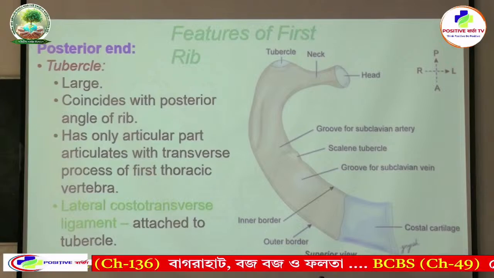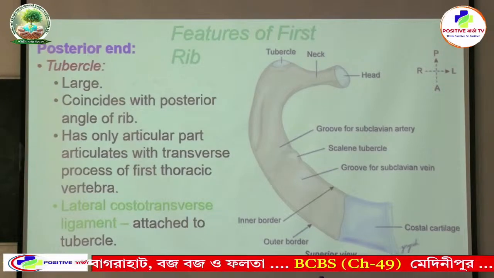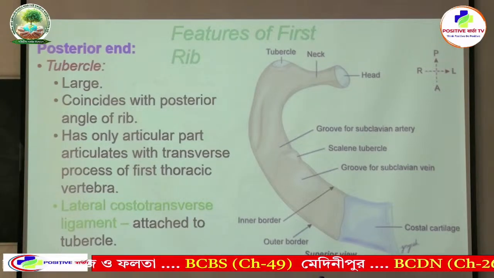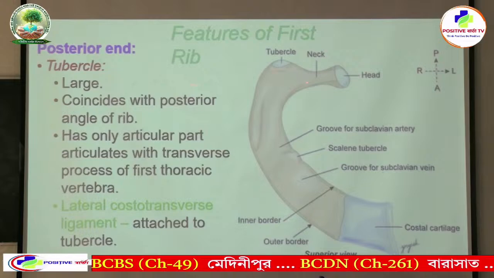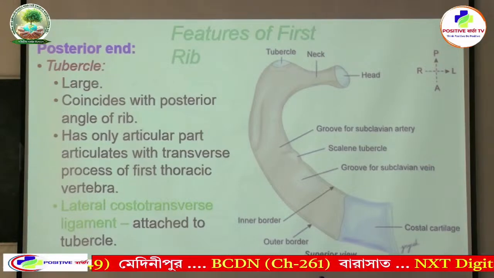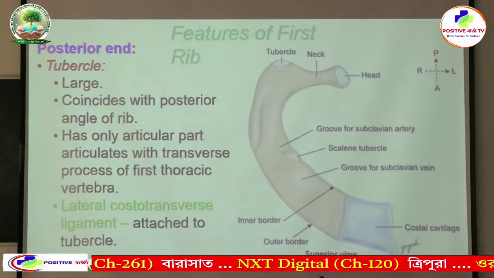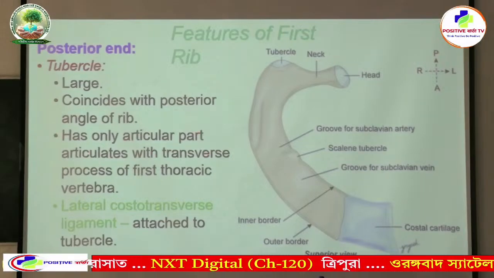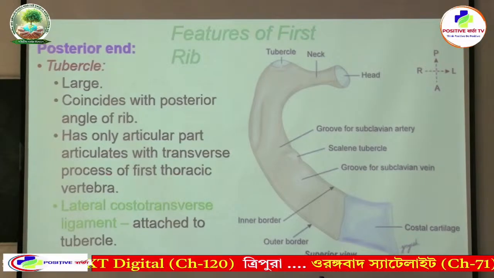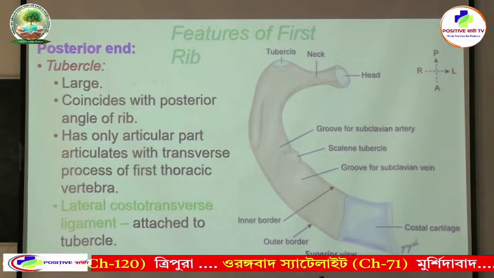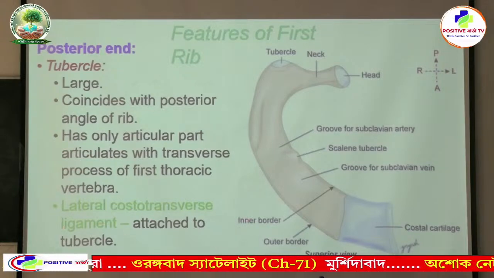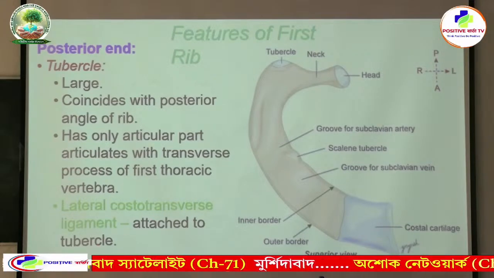In a typical rib, the tubercle is lying proximal to the angle, but in the first rib it coincides with the angle. The tubercle has only an articular part, articulates with the transverse process of the first thoracic vertebra, and the lateral costotransverse ligament is attached to the tubercle.